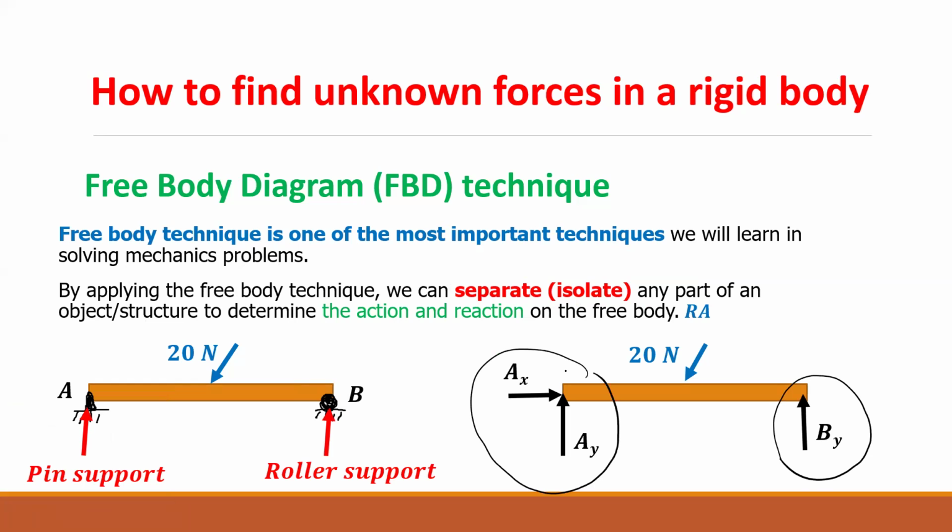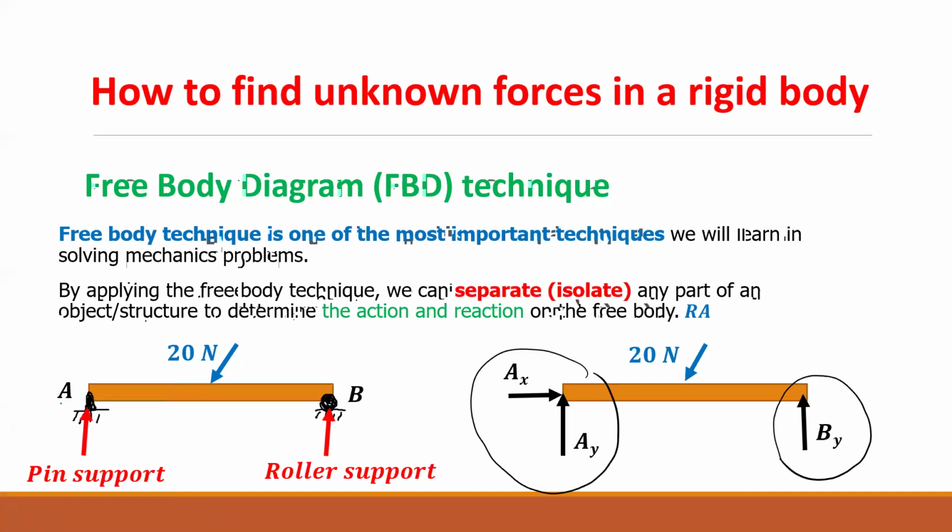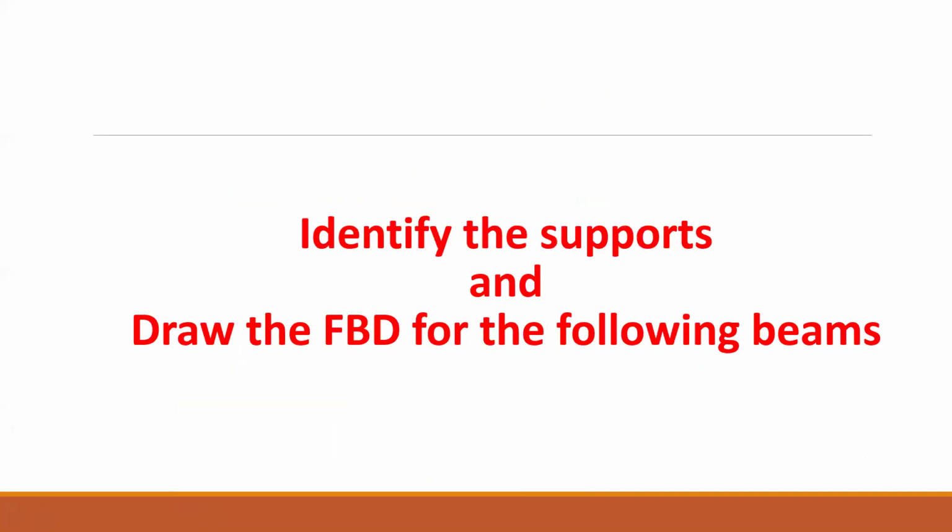When we are naming them, we name them in a way that is easier for us to recognize. So this is the point A. We say this one is AY and this one is AX and this one is BY because that is at B. That's how we are going to name them throughout. It will be easier for us to recognize which one is what.